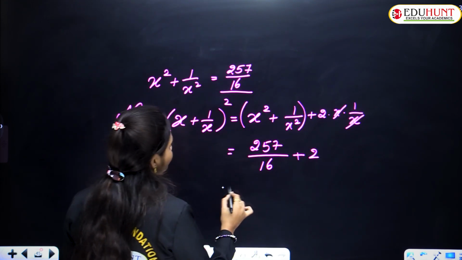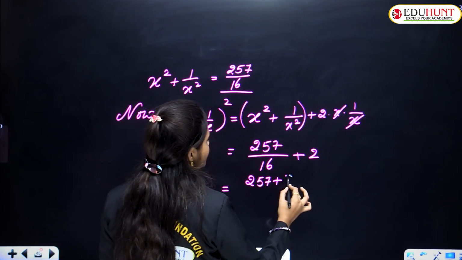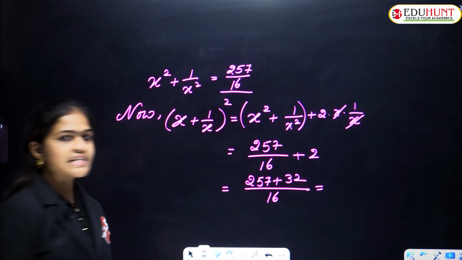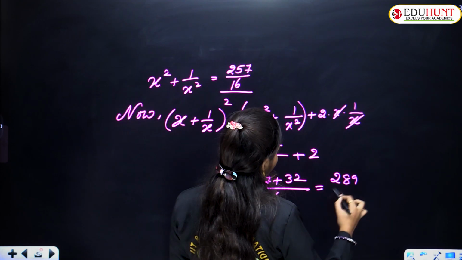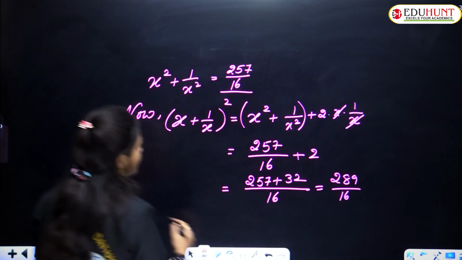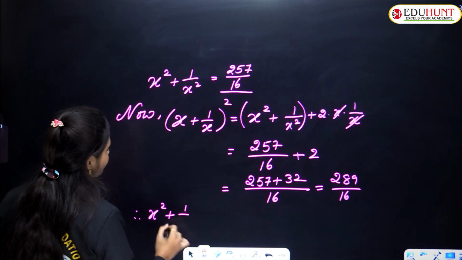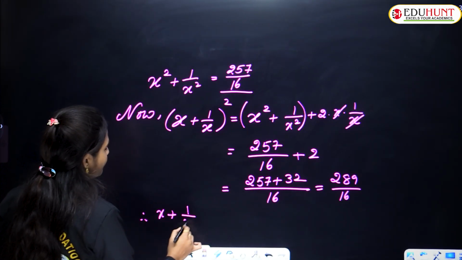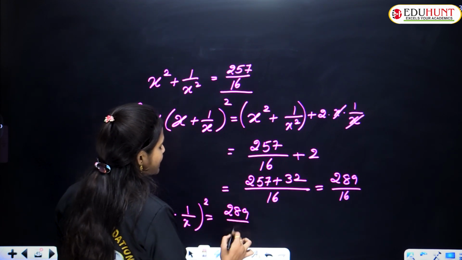So again plus 2, which is equal to 257 plus 16 twos are 32, by 16. So 257 plus 32, 289 by 16. Therefore, (x plus 1/x) whole square is equal to 289 by 16.